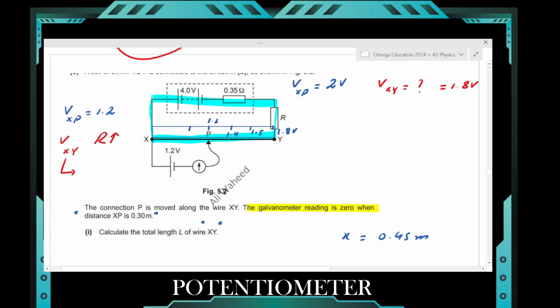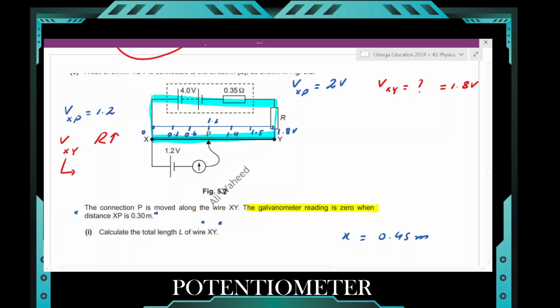Over here you would be having, let's say, 0.6 and 0.2, and over here you were having 0 volts. At the total length of the wire, you would have been getting 1.8 volts, but only at the point P, you'll be getting 1.2 volts.